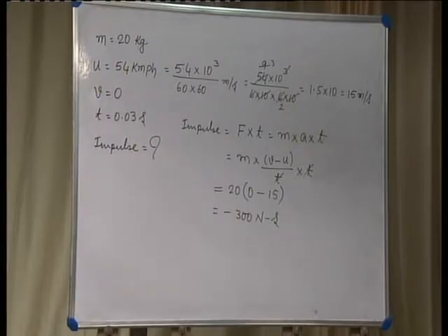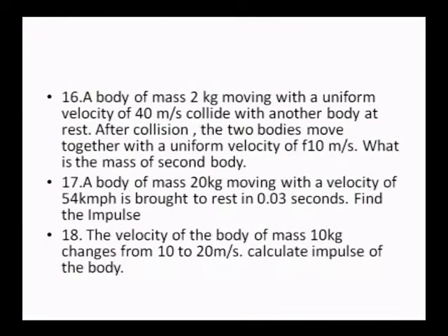So, move on to the next problem. This is also a problem belonging to the impulse of a body. The 17th is over, now the 18th. The velocity of a body of mass 10 kg changes from 10 to 20 meter per second. Calculate the impulse of the body. Here also it is the same type of problem, belonging to impulsive force.